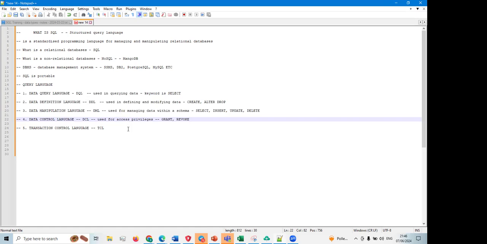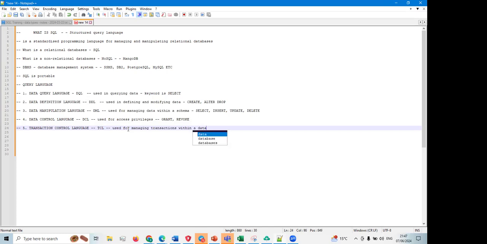Now, transaction control language is used mainly for managing transactions within a database.